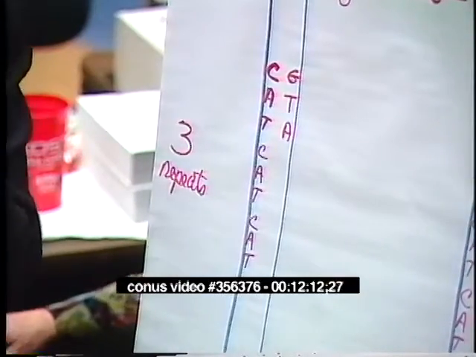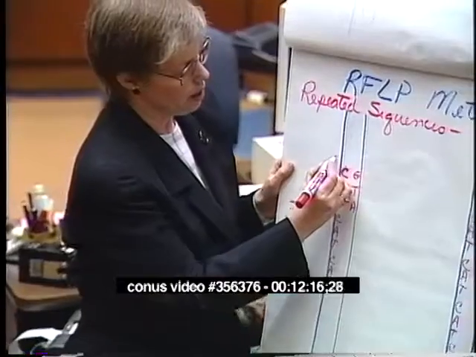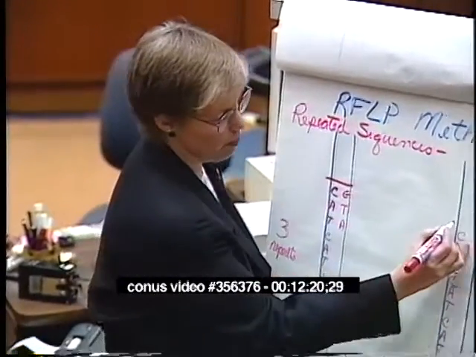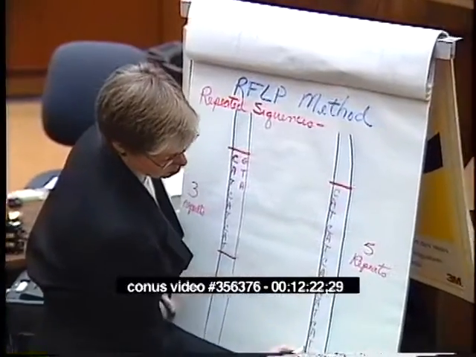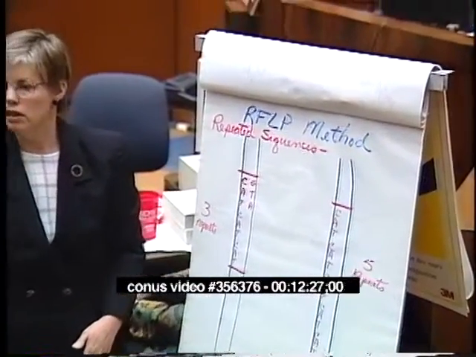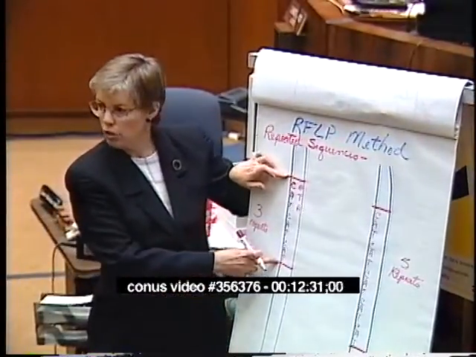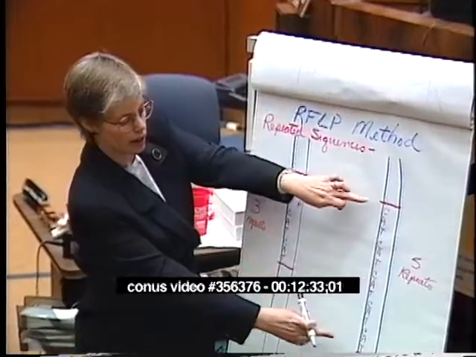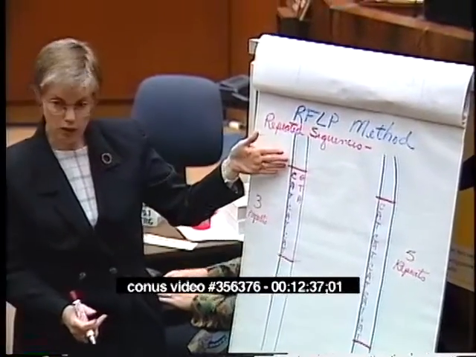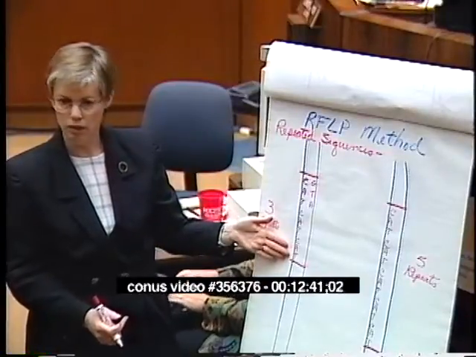So if you imagine in your head that we had a method to cut out this section, and then you add to that a method to measure how long this section was that we cut out. For this person, if we could do that measurement, we'd have a section that was 9 base pairs long.